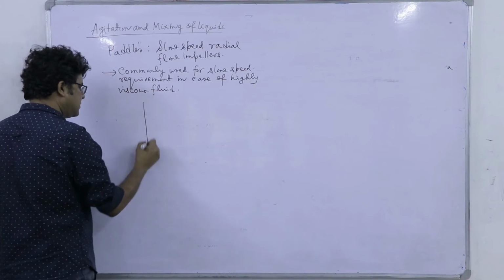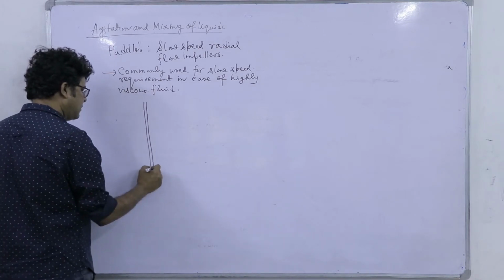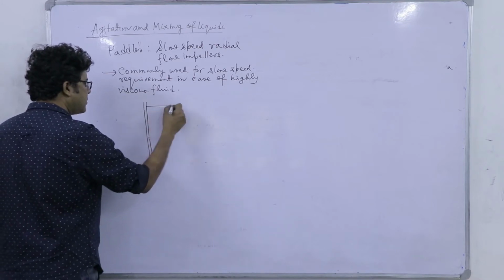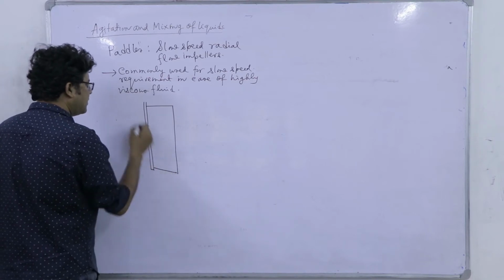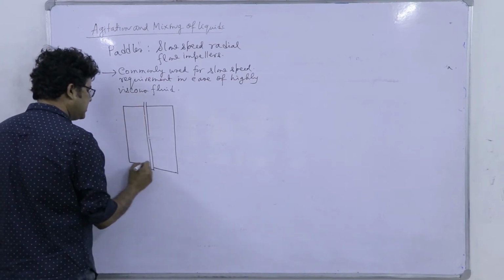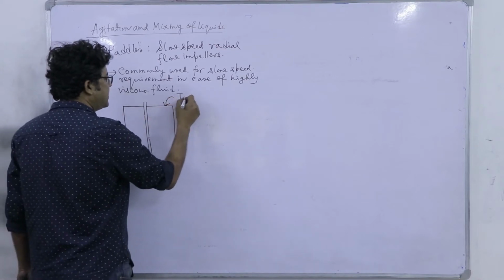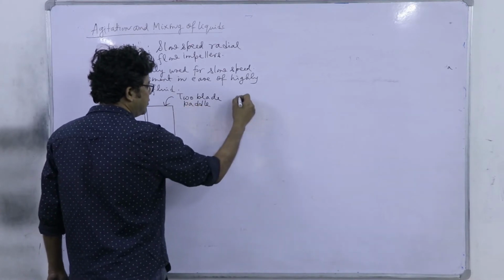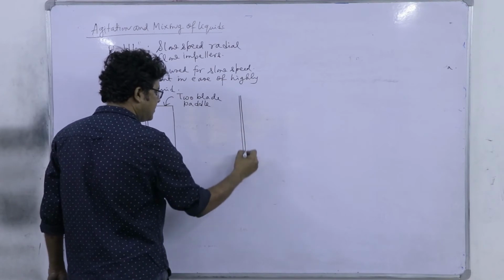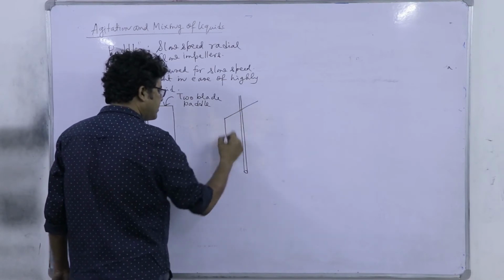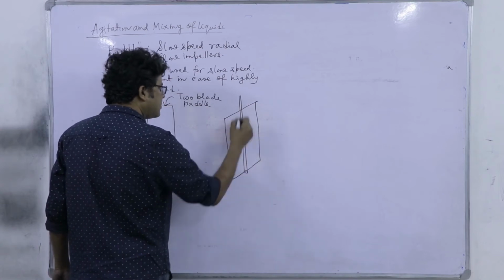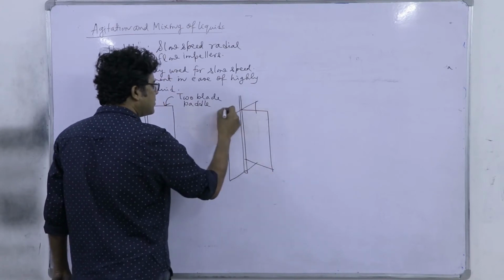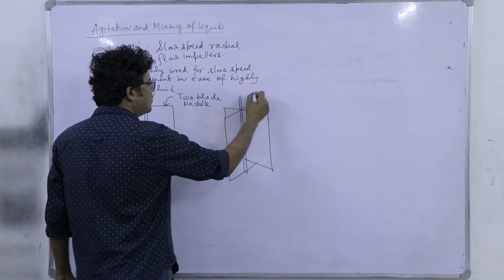Right. So paddles look like this. It may be the two blade paddle. These are two blade paddles. We can use four blade paddles as well. So this is the typical four blade paddle.